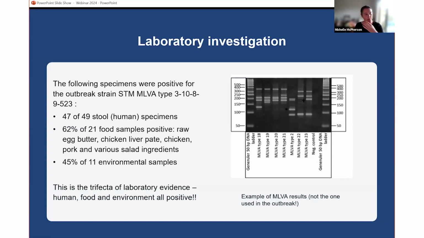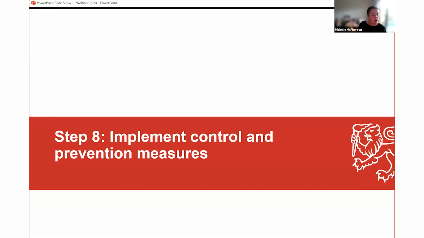The high proportion of environmental samples also suggests that there was quite a bit of cross-contamination going on at the bakery, which we saw from the results of the environmental investigation. So those three types of investigations, your epi, environmental, and laboratory, for this outbreak were all pointing to the one source. This brings us to step 8, which is implementing control and prevention measures.